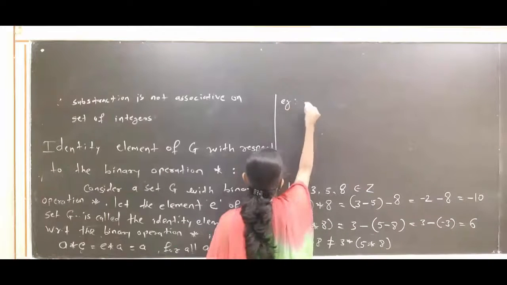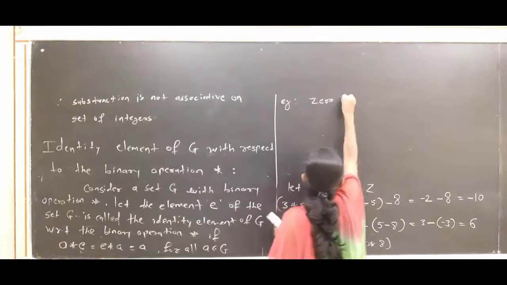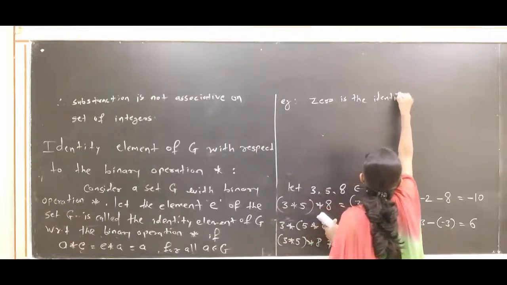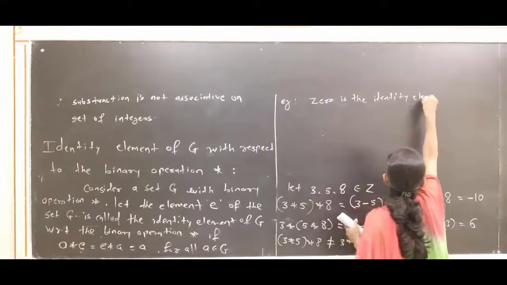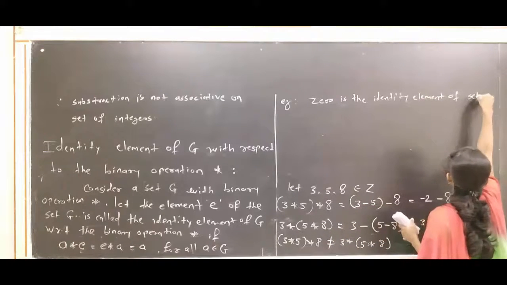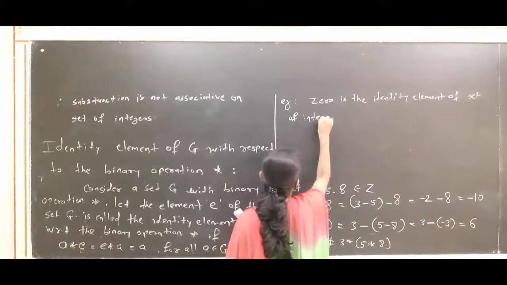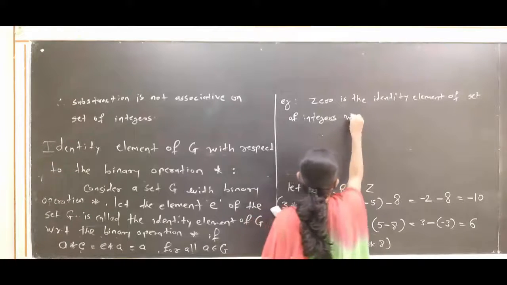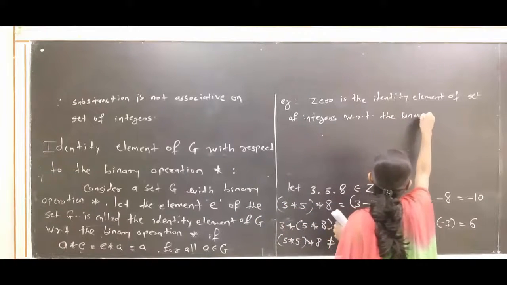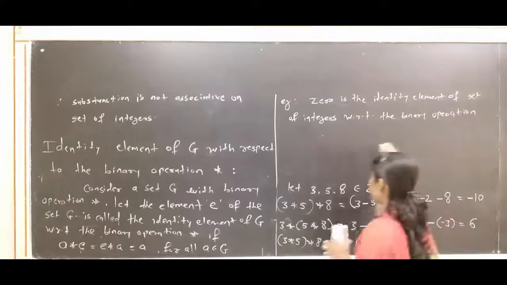Example, 0 is the identity element of set of integers with respect to the binary operation addition.